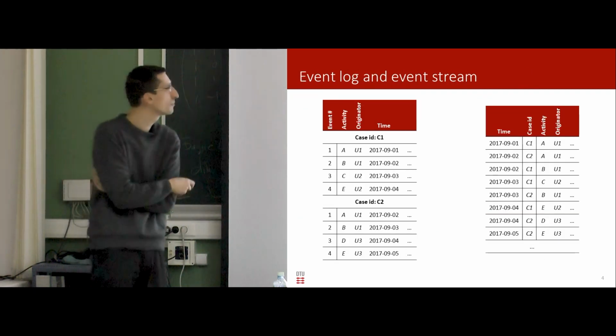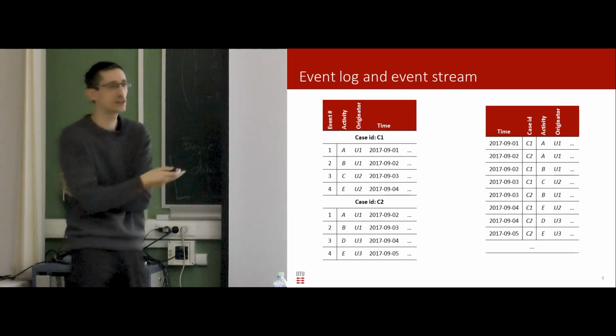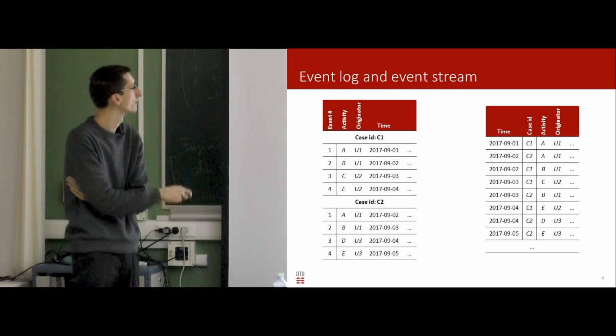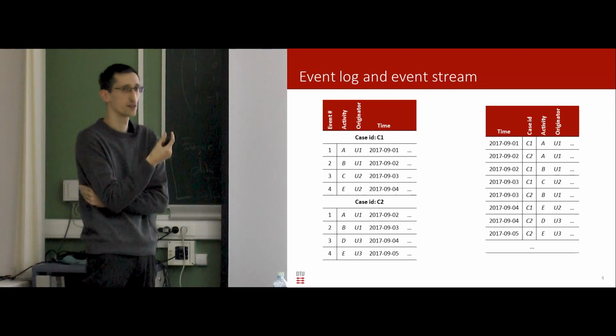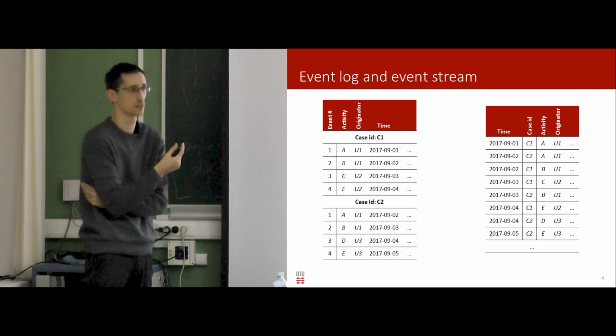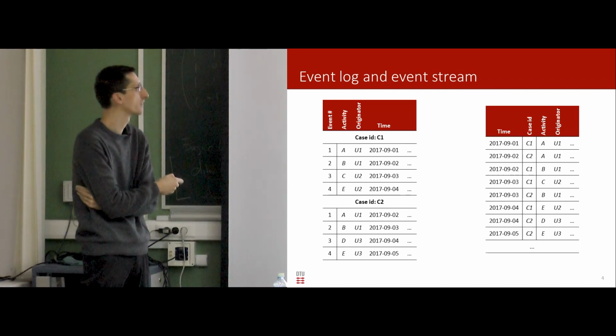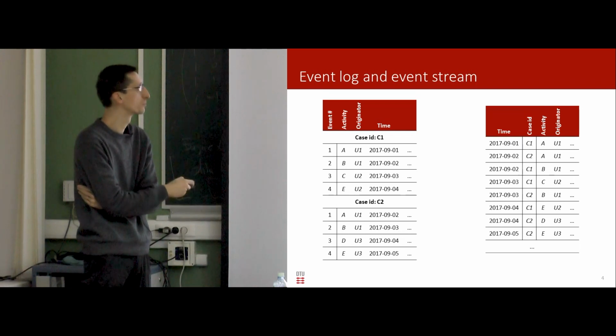If we take the typical representation of an event log, we have it here on the left-hand side. We're typically used to grouping events based on their case ID, so events that belong to the same process instance are grouped together. The most important field in this case is the case ID, which is used to group events.